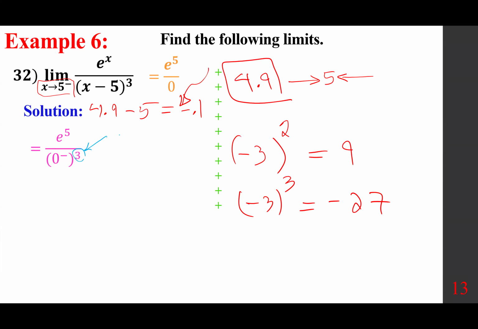Number 3 is an odd number. Therefore, negative to the power of odd remains negative. Also, e to the power of 5 over 0 is infinity, but now that we know the sign, we know precisely it's negative infinity.